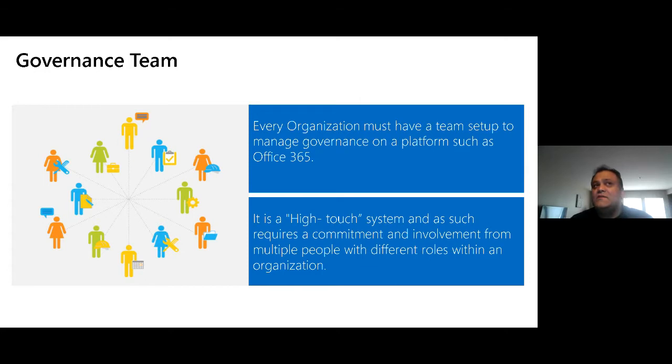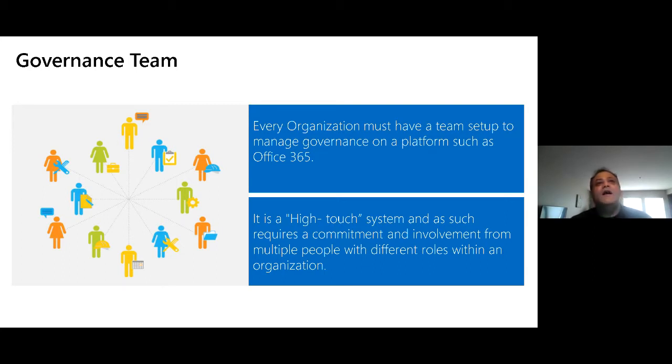It all depends on your specific organizational structure and need, but the idea is that you have to have a governance team defined. It could be a role played by multiple people with multiple roles, as the next slide will indicate. And it's a high touch system.